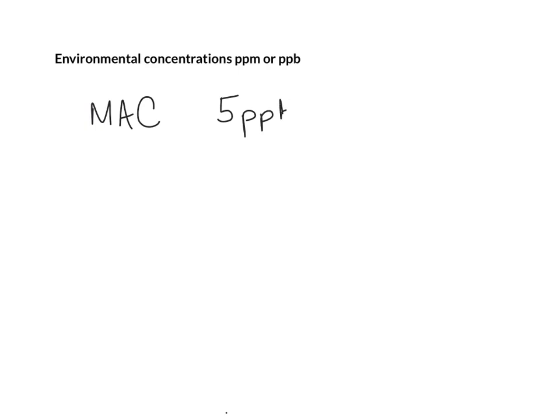The last type of concentration we're going to look at is the environmental concentrations. These are usually reported as parts per million or parts per billion. For instance, the maximum acceptable concentration for lead in drinking water in Canada is 5 parts per billion.